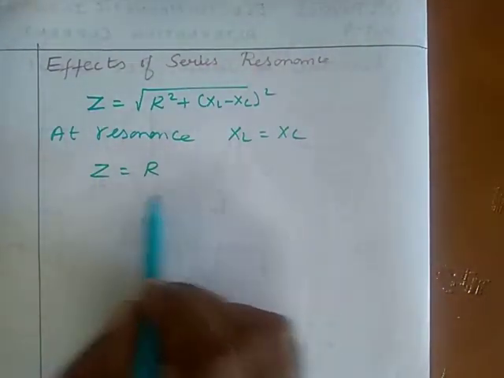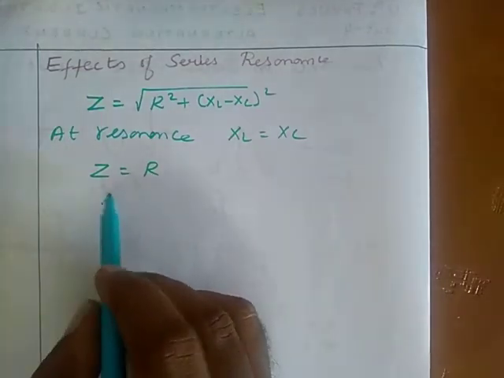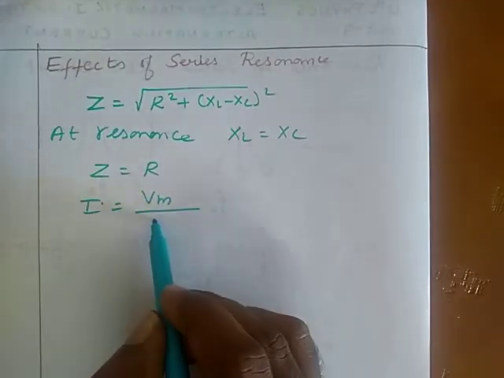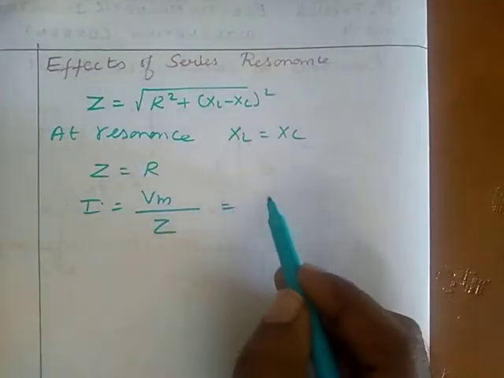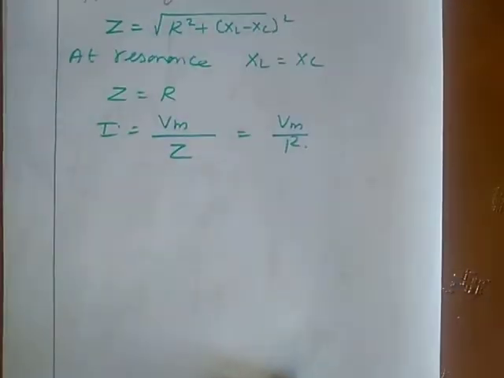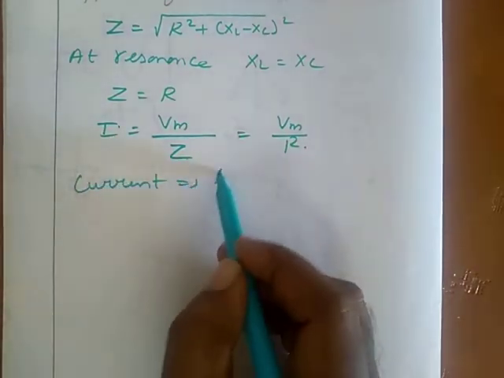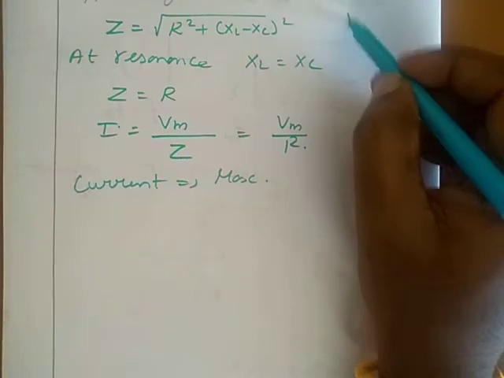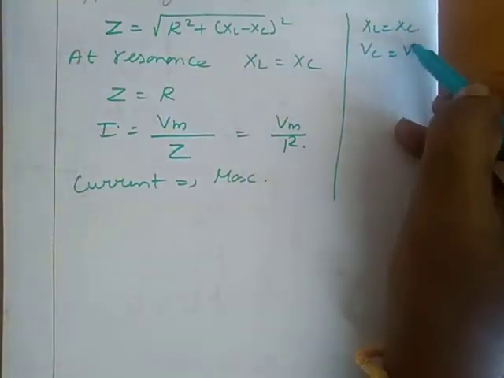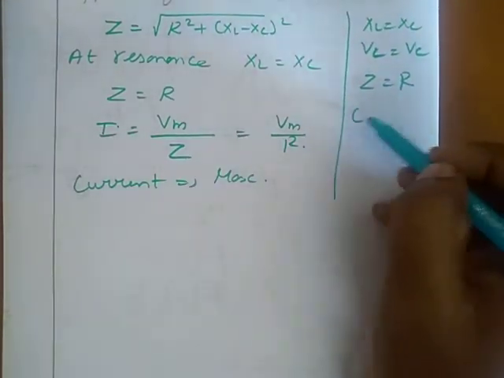As a result, I is equal to Vm by Z, and since Z became R, I is Vm by R. Then the current became maximum. At resonance, the conditions are: XL is equal to XC, VL is equal to VC, Z is equal to R, and current is maximum.